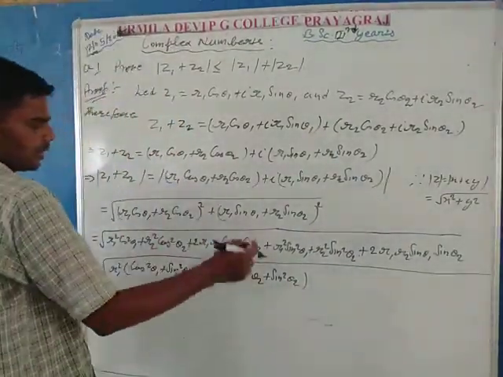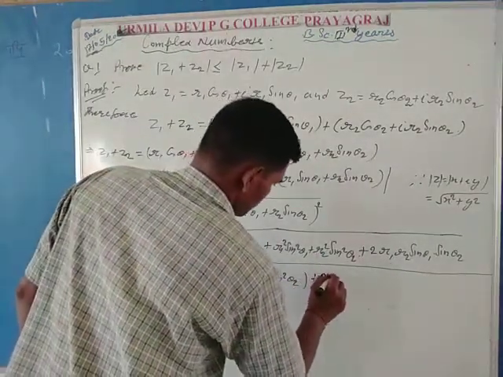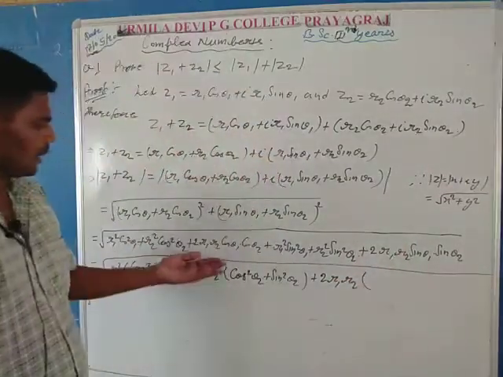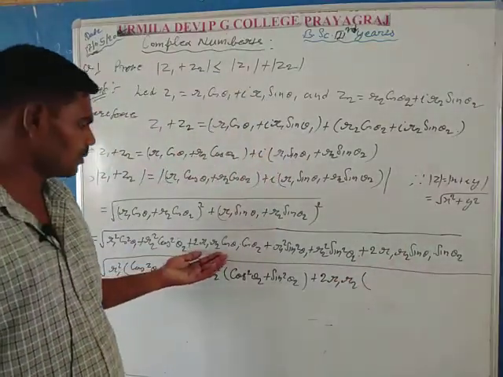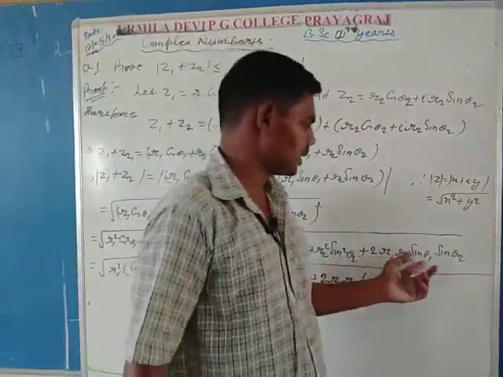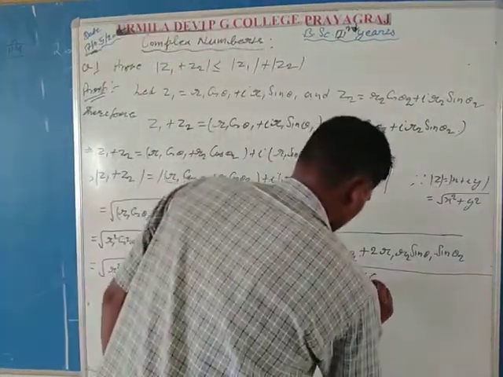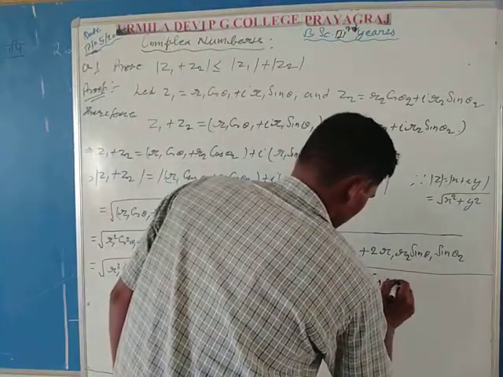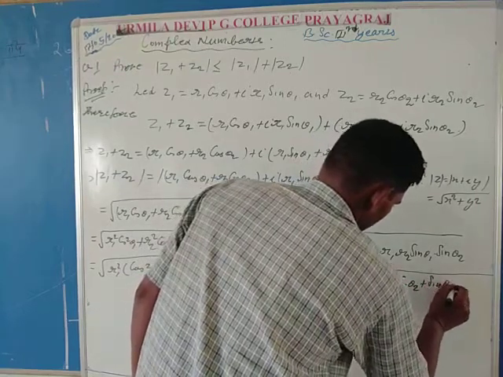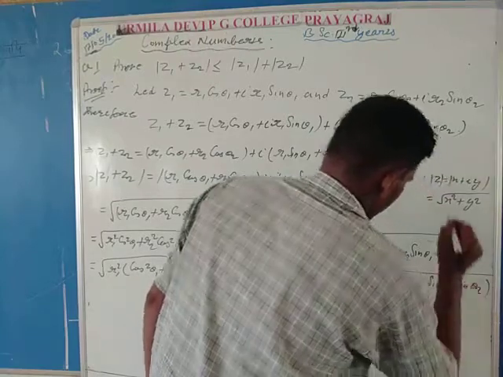What remains is 2 times r1 r2 cos theta 1 cos theta 2 plus 2 times r1 r2 sin theta 1 sin theta 2. So in the third bracket, cos theta 1 into cos theta 2 plus sin theta 1 into sin theta 2.